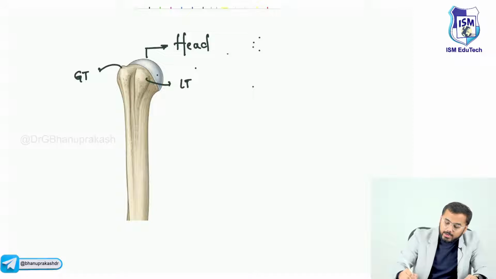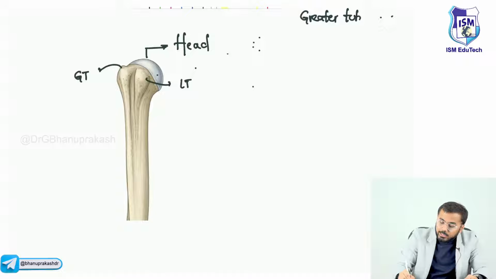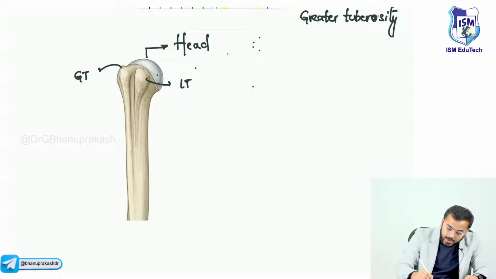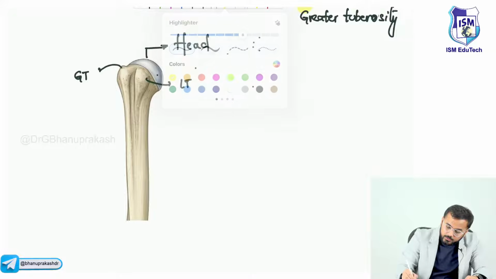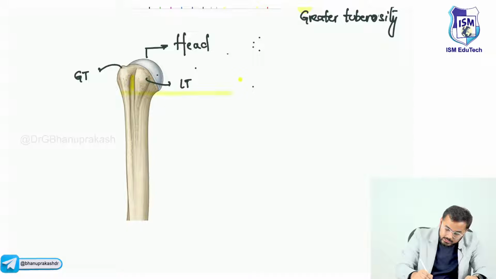Okay. Or you can write it as greater tuberosity, another one is called as a lesser tuberosity. And let me draw with a yellow shade over here, guys. I am putting a yellow shade over here so that it would be clear for you. You can see this yellow part which I am highlighting right now, right?